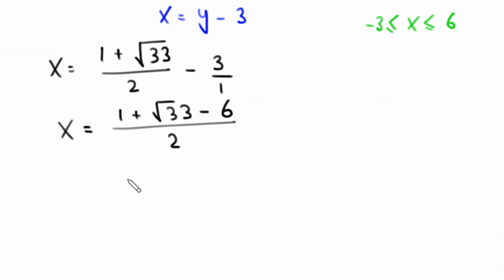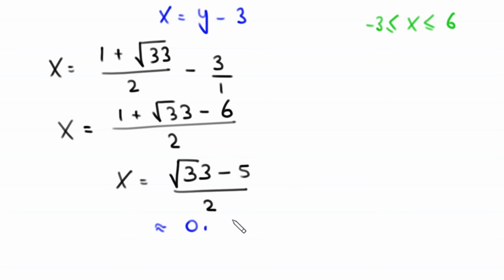And further simplify, this will become x is equal to root 33 minus 5 divided by 2, which is approximately equal to 0.372, which is in the domain, less than 6 and greater than negative 3. It means that this root 33 minus 5 over 2 is a valid solution.